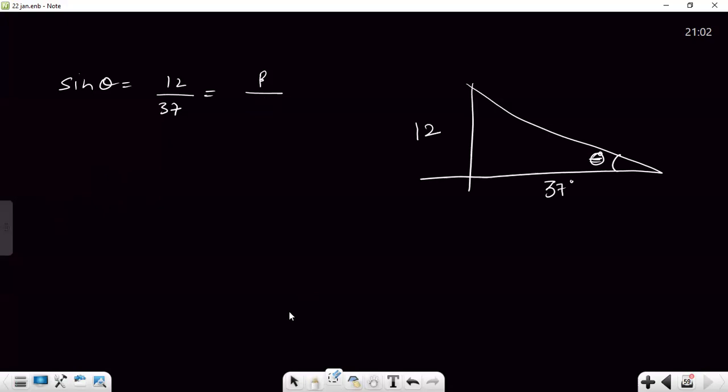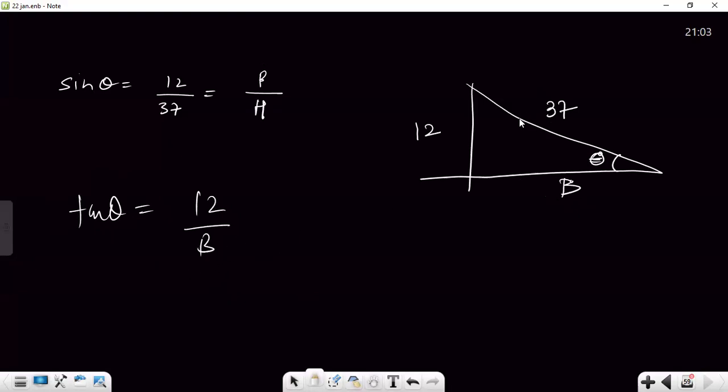Sine theta is perpendicular upon hypotenuse. Pandit Badri Prasad upon Har Har Bole. So Pandit upon Har Har Bole. So the hypotenuse is this one. No, this one. This is actually the base. And we need to find out tan theta, which is perpendicular upon base. Base we need to find out.